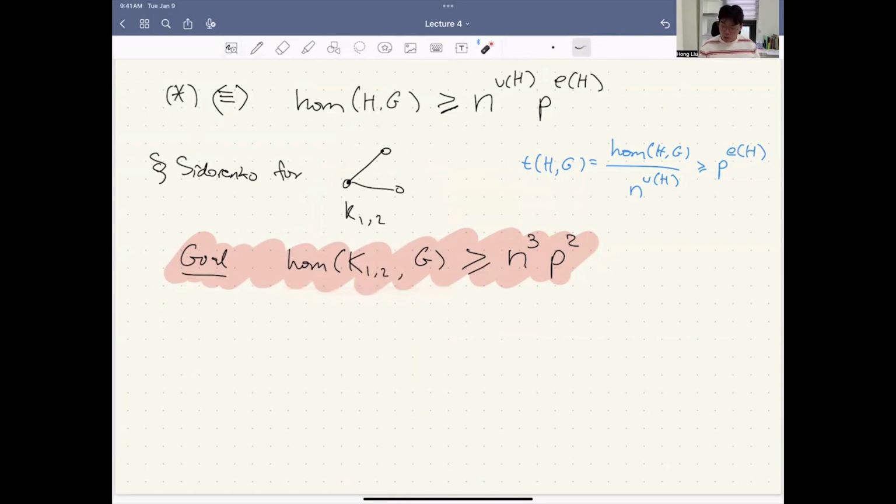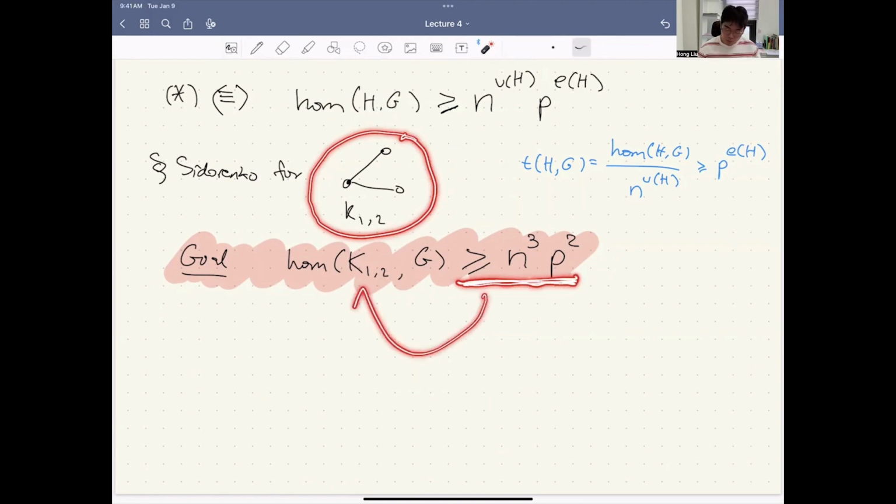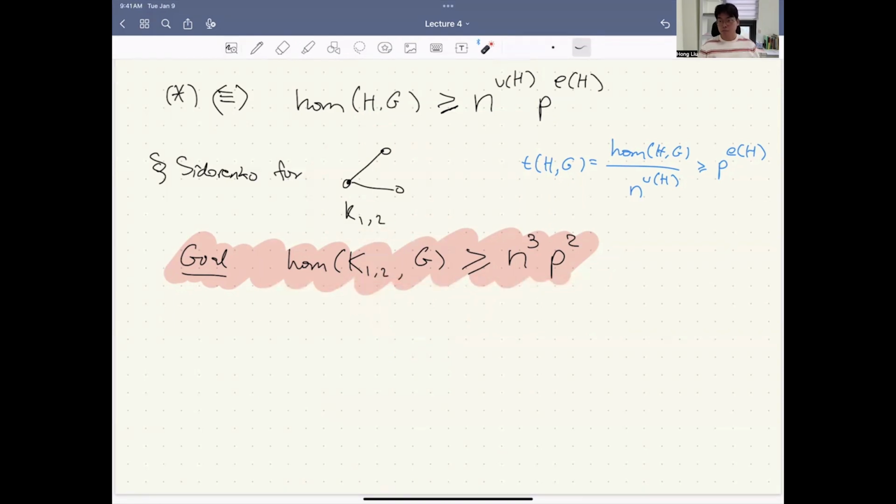So all we need to do is come up with a clever choice of random K_{1,2} in G and prove that this distribution has entropy at least this much. Then by maximality, it is at most this guy.